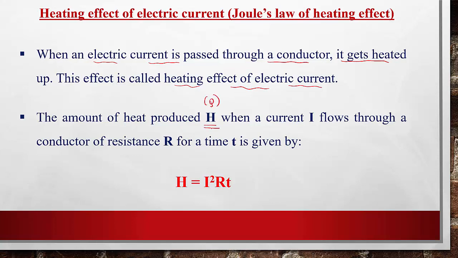The amount of heat produced H when a current I flows through a conductor of resistance R for a time T is given by H equal to I square R into T. What is the equation? H equal to I square R T.